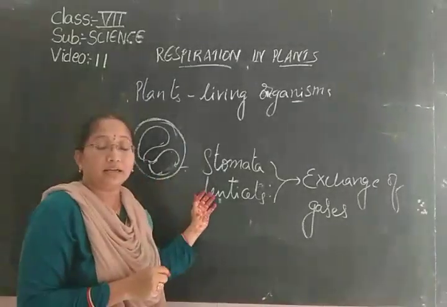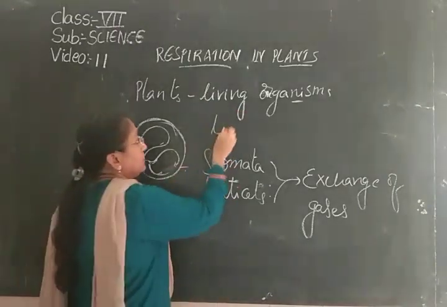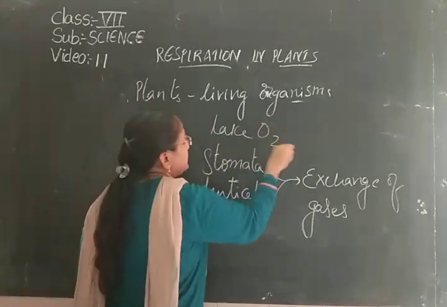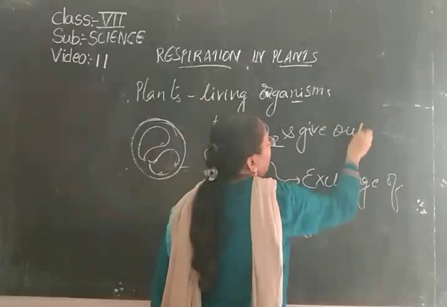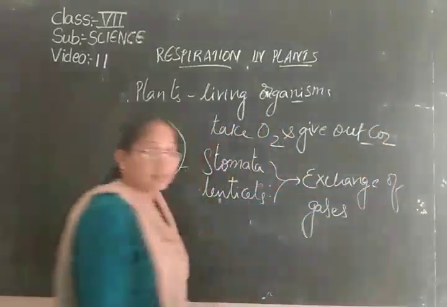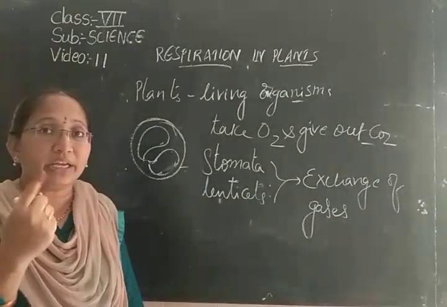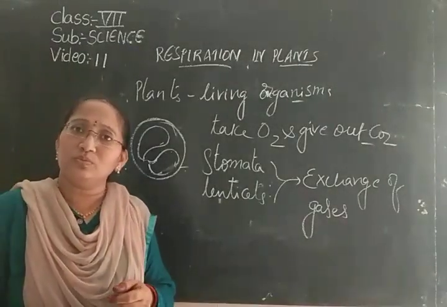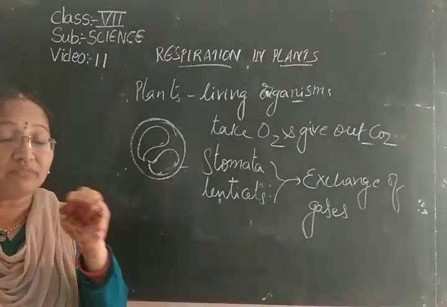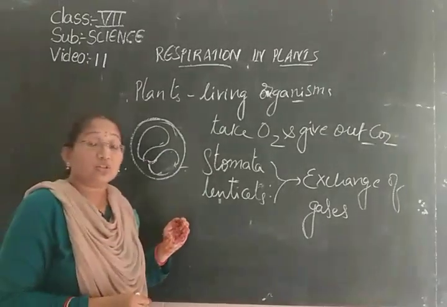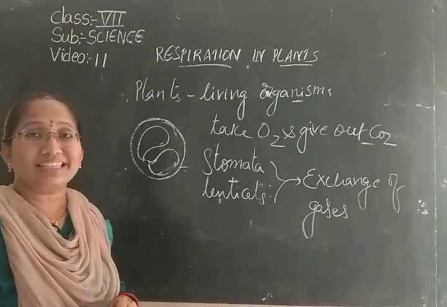Now let us see that plants, as living organisms, will also take in oxygen and give out carbon dioxide, like us and like animals. How do they do it? When do they do it? During photosynthesis, the respiration rate will be less. So when does photosynthesis happen?